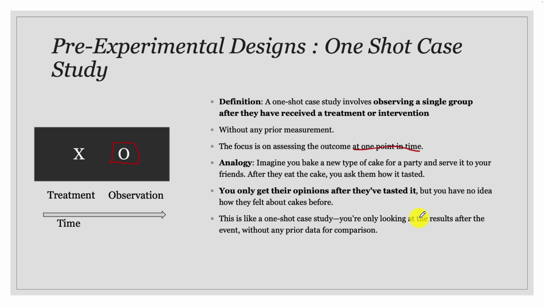You're only looking for results after an event without any prior data comparison. So you might be saying, well, when would I use that? When would I actually use something like that? I have a couple examples for you. I did some research to figure out when a research design like that would be used, because it's really not a strong research design.